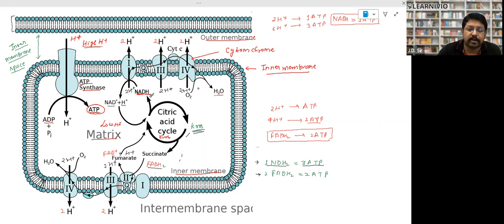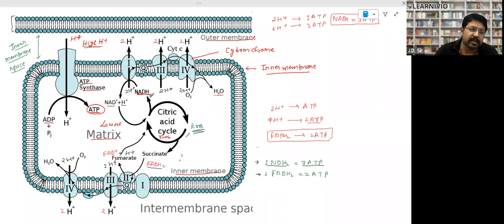Now finally, the electron will be taken by the oxygen molecule, and the formation of water molecule will take place. Right. So water is the final acceptor of the electron. Now look here, due to breakage of one NADH molecule, 6 hydrogen ions are pumped in. Now these hydrogen ions cannot leak out. Now there is a hydrogen ion potential gradient between the inner part and outer part.